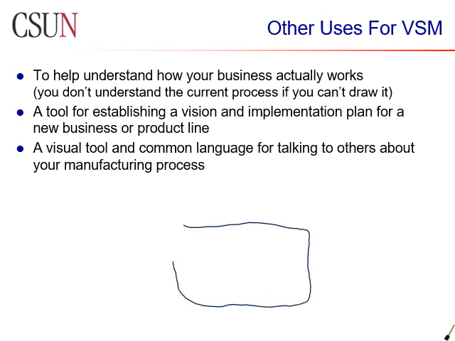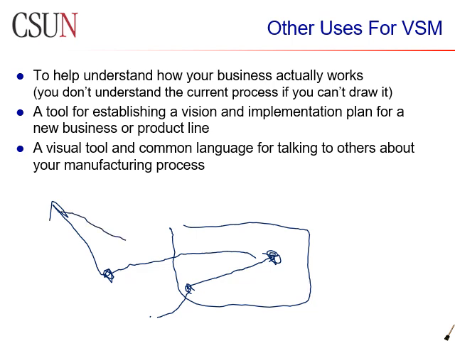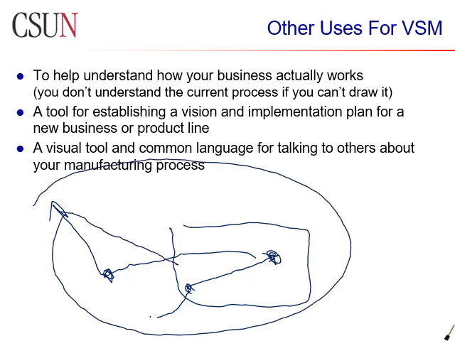I arrived here at 8 o'clock and then we moved here at 8:30, then we get back at 8:45, then we did something here at 9. Until you draw something, you don't really understand all the details of the system. So it helps here.